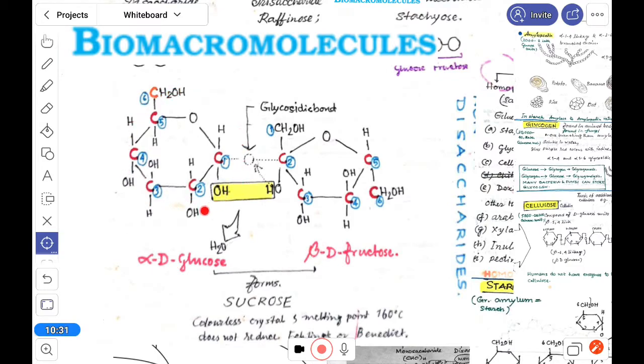This is the glucose, drawn in this way. Here OH and here also OH. I think you can see that yellow patch, this part HOH. It means one water molecule comes out, and this O comes here and forms the bond. That is called the glycosidic bond.